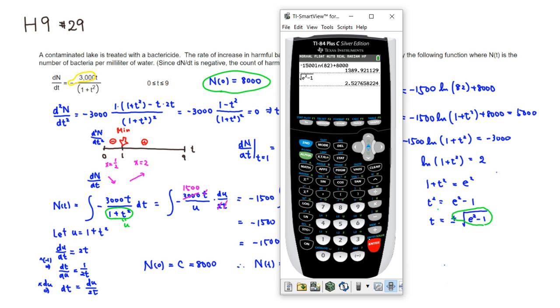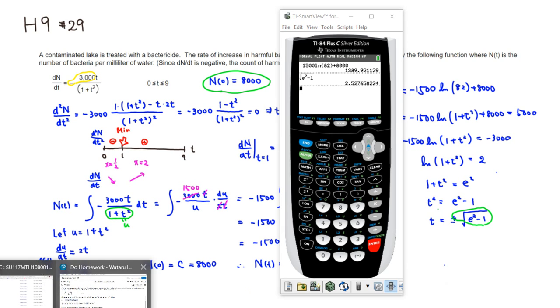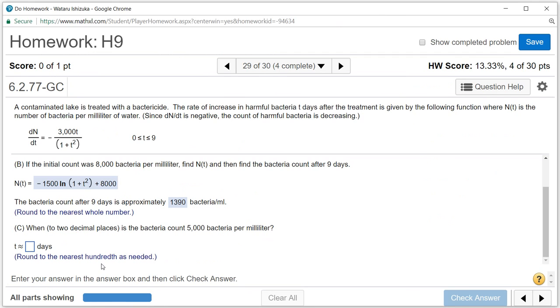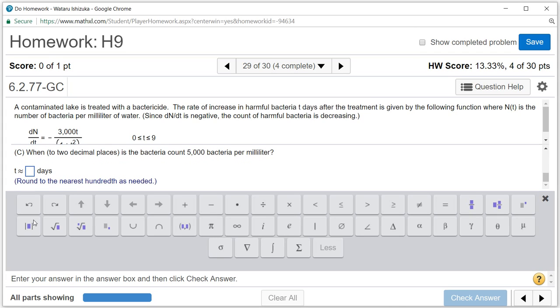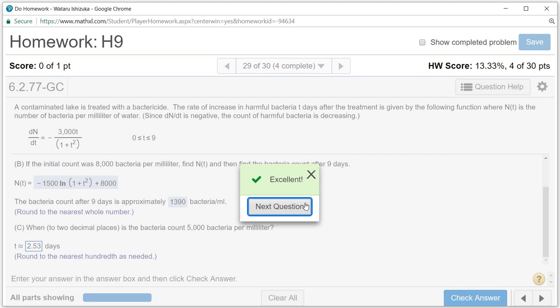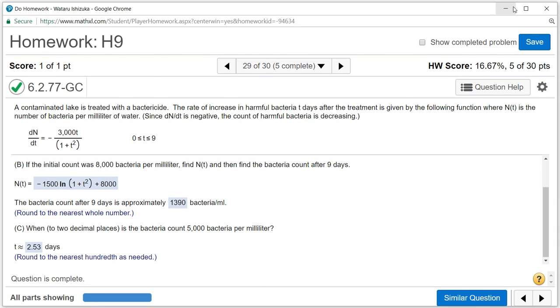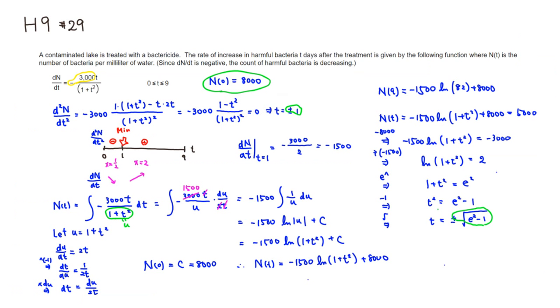It's about 2.53. We need to round to the nearest hundredth, so it was 2.53 days. Let's check the answer. All right, we got that. That's it. I hope that this was clear.